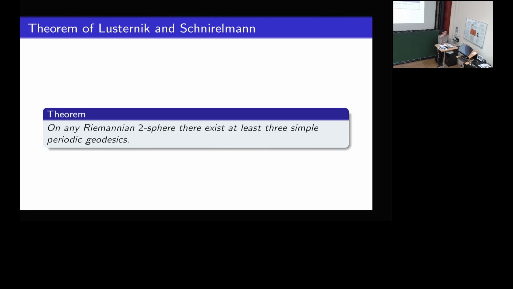So if you recall, we discussed the existence of one periodic geodesic, and then we talked just a little bit about the existence of many periodic geodesics, whatever many means. Now, there are obstacles to proving, in the most general case, that there are infinitely many periodic geodesics, let's say, or even more than one.